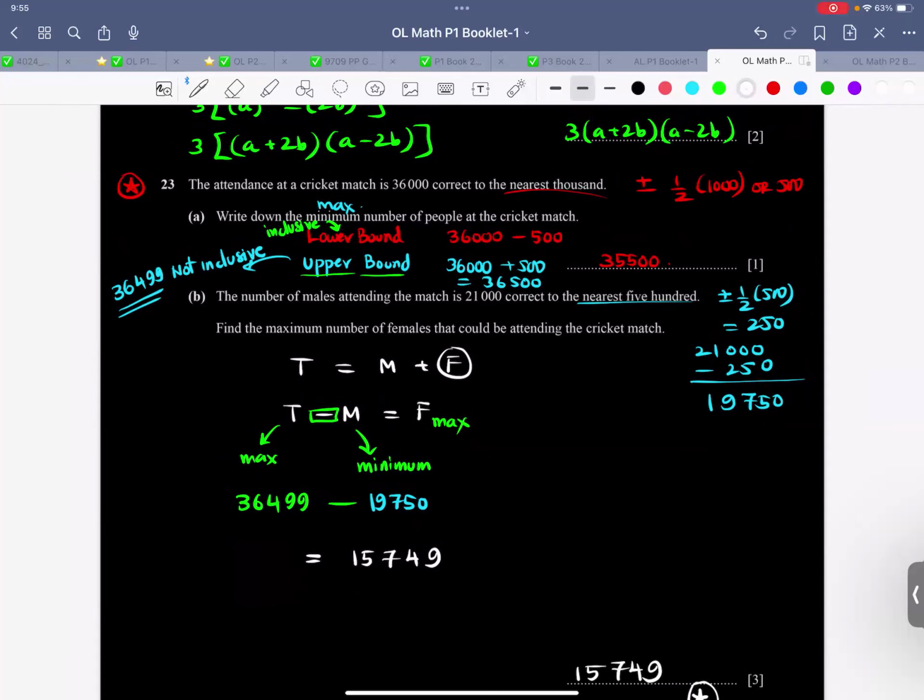If it would have asked, that is 36,000 plus 500, but since the value will lead to the next number, therefore subtract 1. That is the trick over here. And over here, total is male plus female. So if I make female the subject, that is total minus male. In order for maximum value, this has to be as big as possible. This has to be as small as possible. As big as possible is the upper bound. As small as possible, that's the lower bound. That's the lower bound for males. This is rounded to the nearest 500.